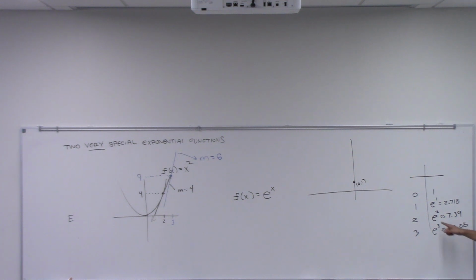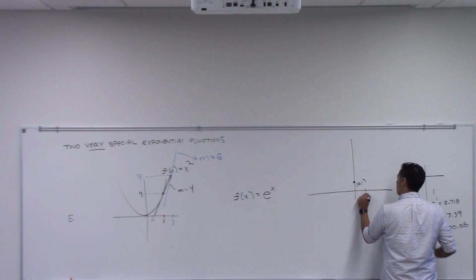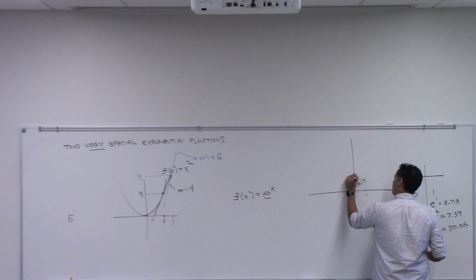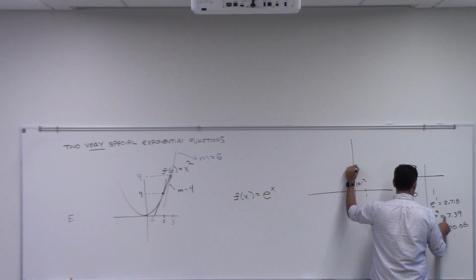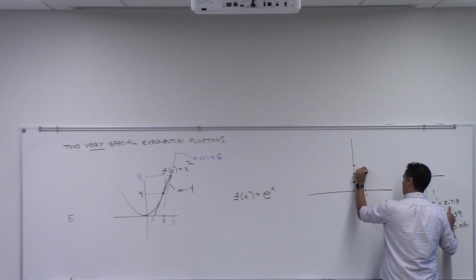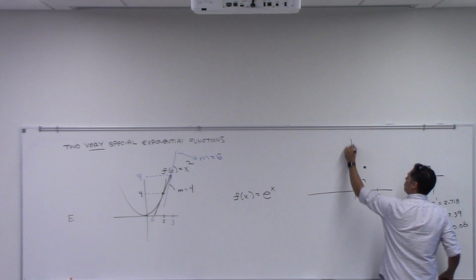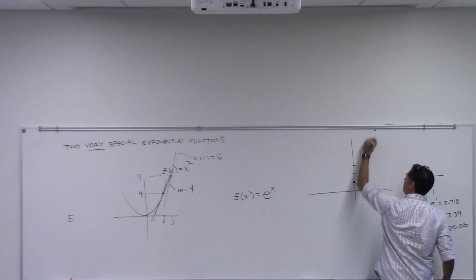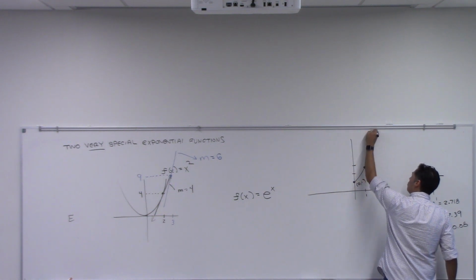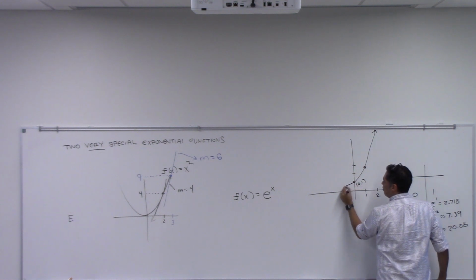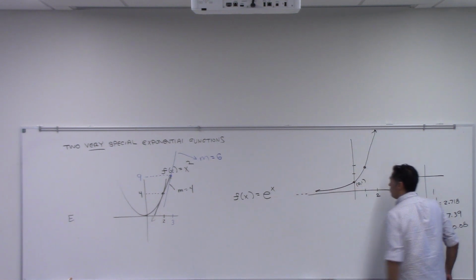So if we go out 1 to the right, we're going to go almost to 3. And then we plug in 2, and we're at 7. So I think I'm off my chart here. It's exponential growth. And then to the left, we know it decays down and has a horizontal asymptote.